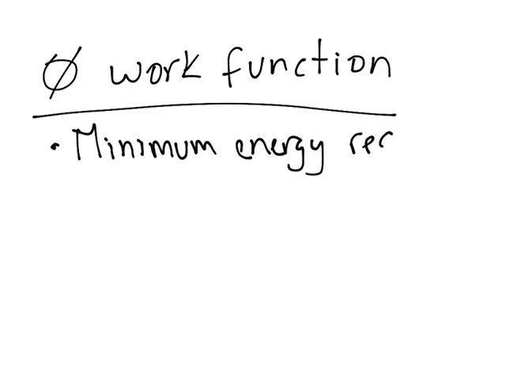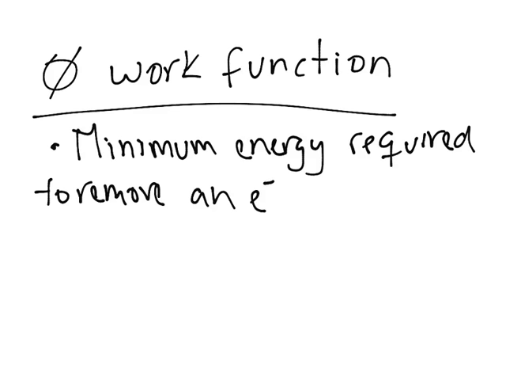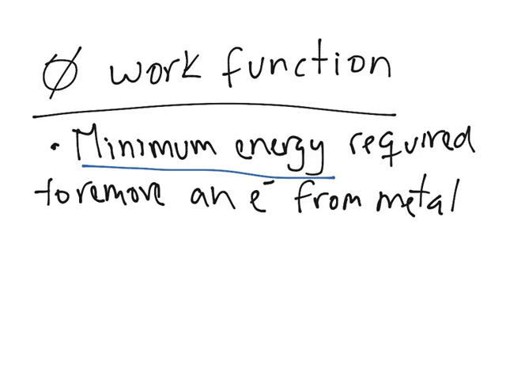So that just relates to the photoelectric effect experiment. But from this, what you really should know is that it's the minimum energy required to remove the electron, of course.